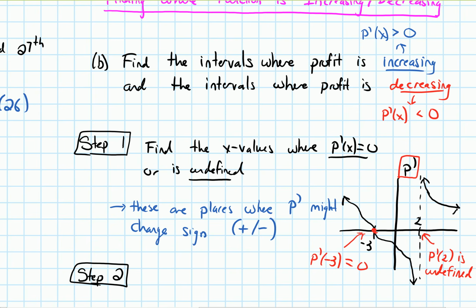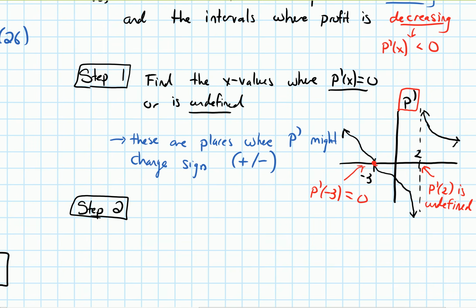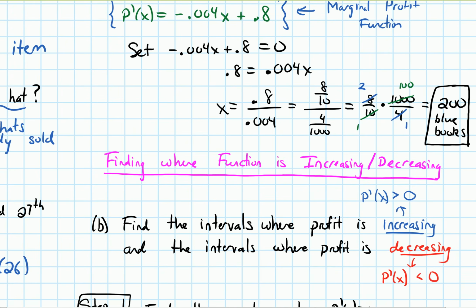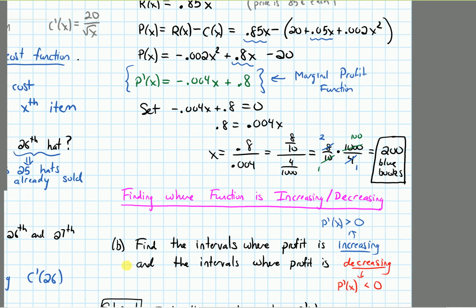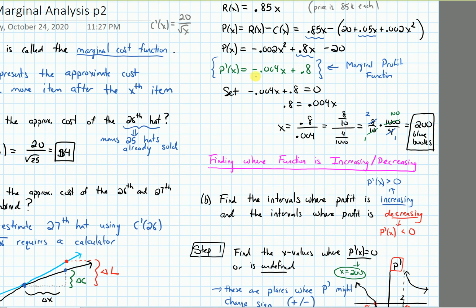All right. So for our function, we've already found the values of x that made the derivative equal 0. The value of x that made the derivative equal 0 was x equals 200 in our example. And if we look up to our derivative function, the derivative function was negative 0.004x plus 0.8. If we think about when it's undefined, there's no value of x that makes that undefined.